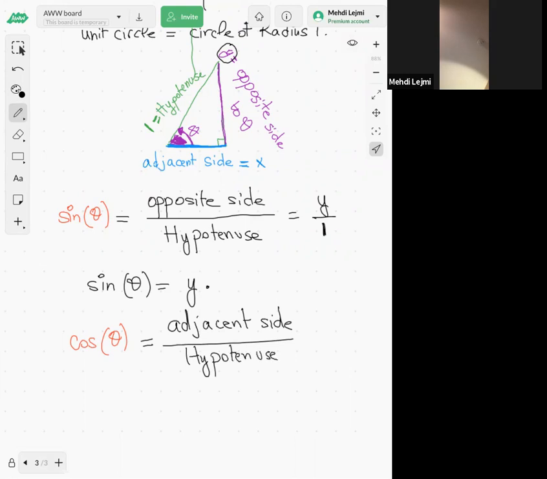And the adjacent side, we said, is equal to x, right? So it's x over the hypotenuse. Again, it's just the radius of the unit circle. It's 1. So cosine of theta is equal to x.